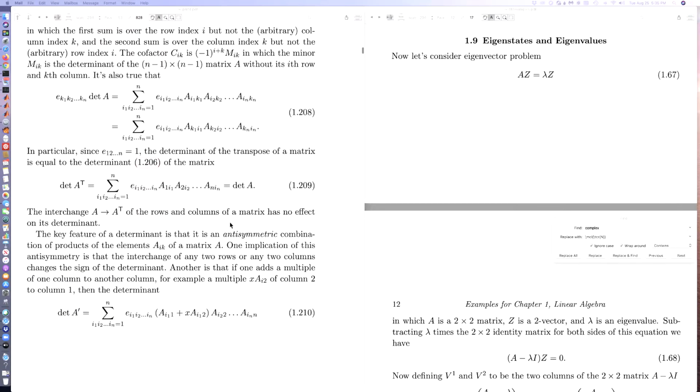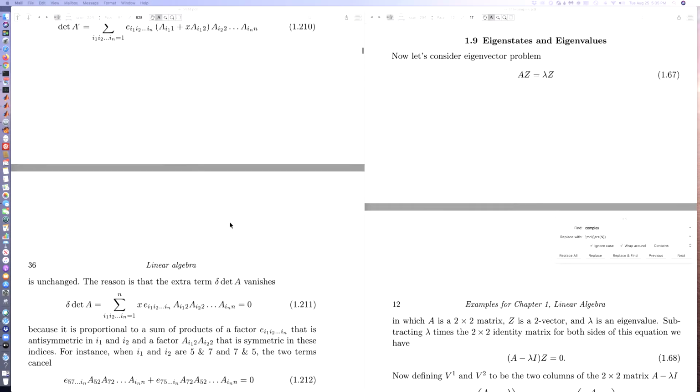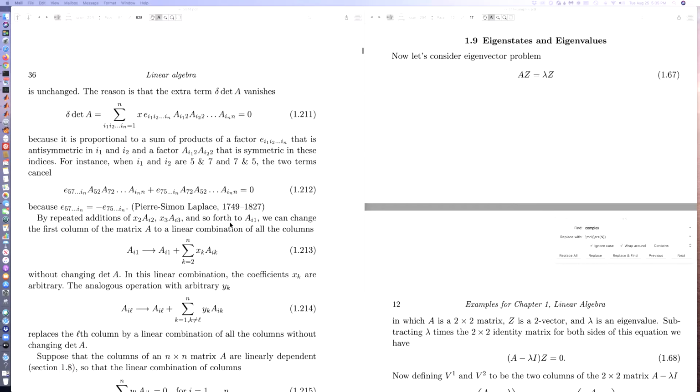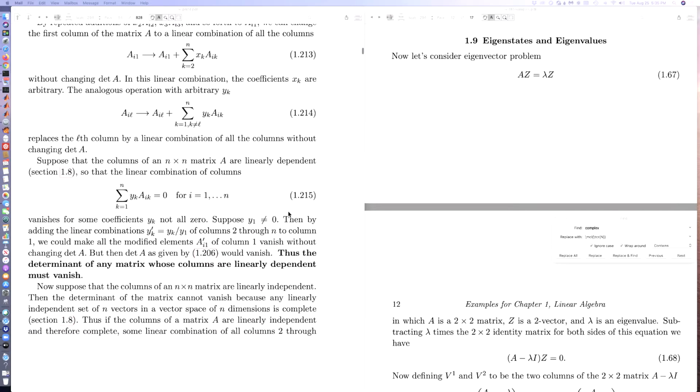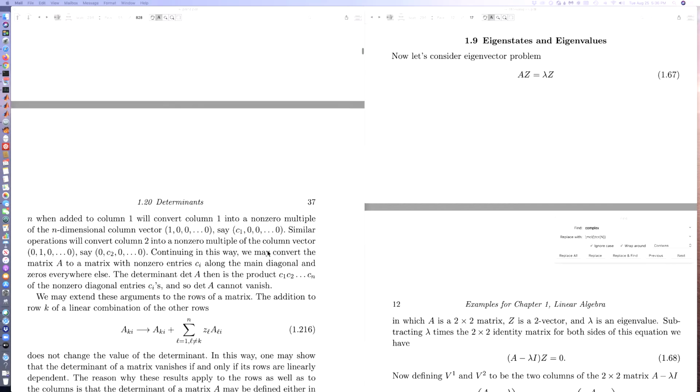Anyway, I think you know all this, so let me skip through that and get to the result that I think we discussed earlier, namely the determinant of any matrix whose columns are linearly dependent vanishes. And the same thing if the rows are linearly dependent. On the other hand, if the n by n matrix has columns that are linearly independent, then you can use them.